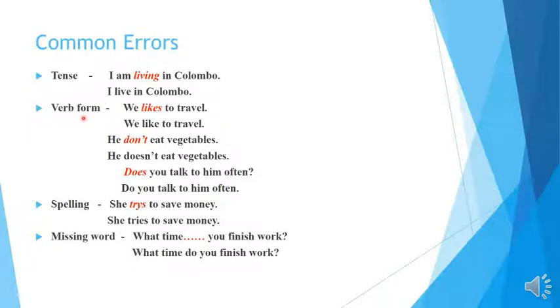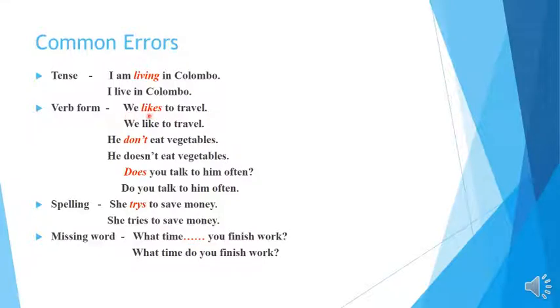Well, then the next example, we likes to travel. I hope you understand this point here. This is a singular form of the verb, but here the subject is plural. So usually you know the subject verb agreement. When the subject is plural, verb should be plural. When the subject is singular, verb should be singular.